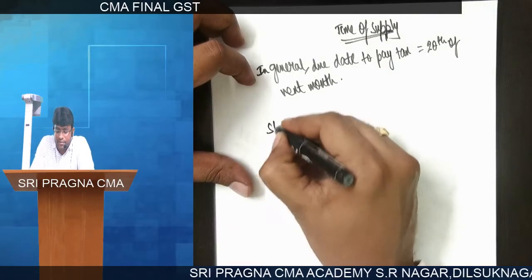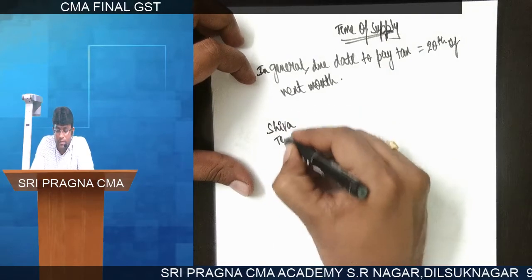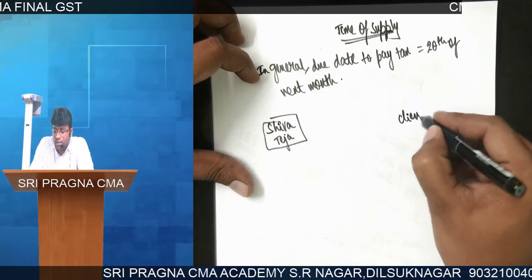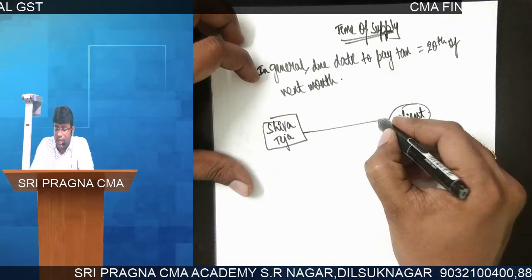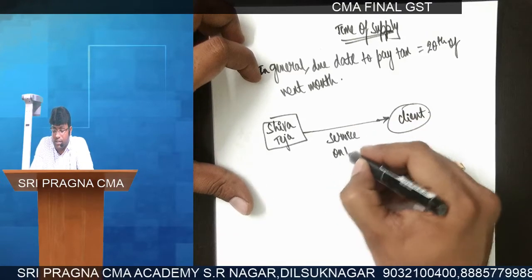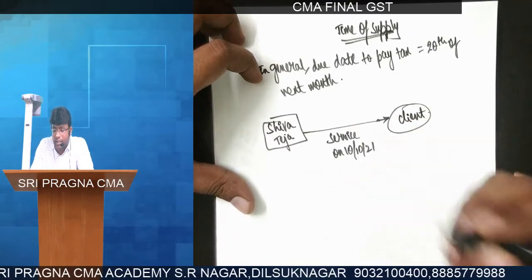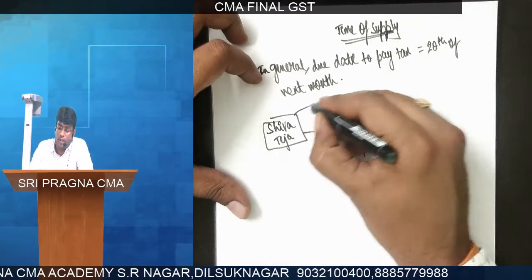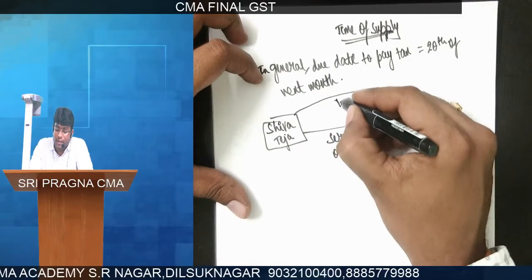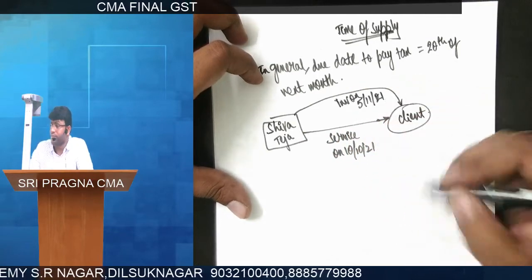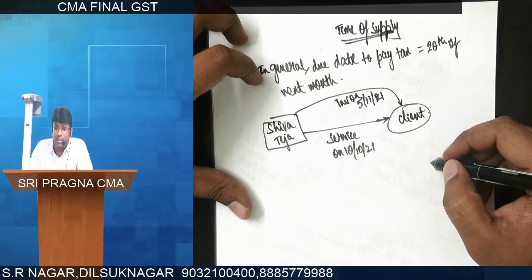So let's say there is one client. I have given service on 10/10/21. Then I gave him invoice on 5/11/21.